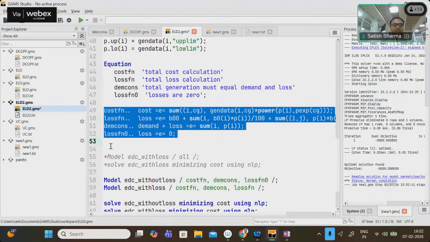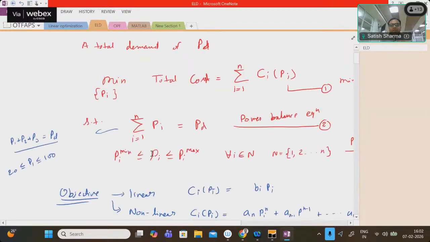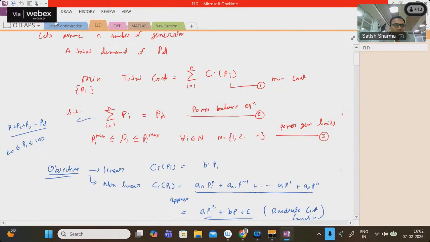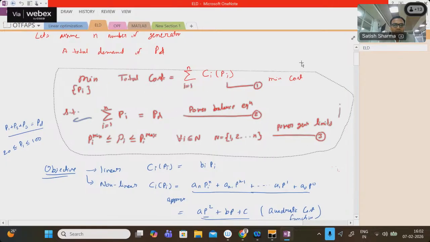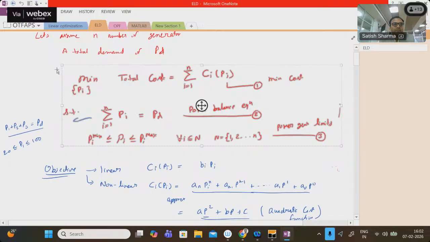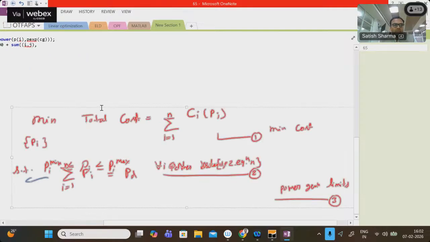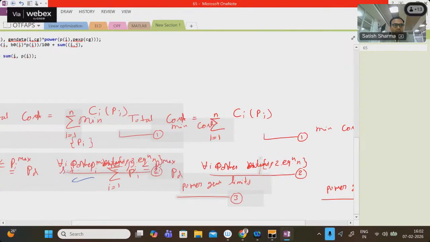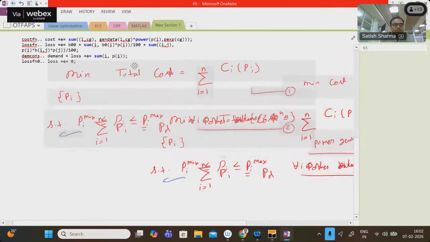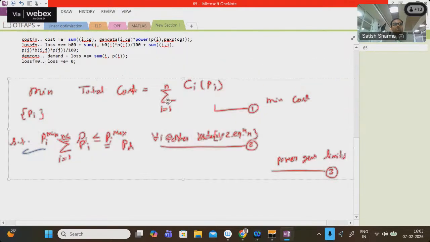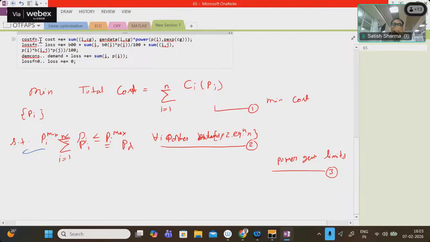So this was defined earlier. Here you can see the very first equation which I have defined was the cost function. In GAMS code, we have to write it like this.